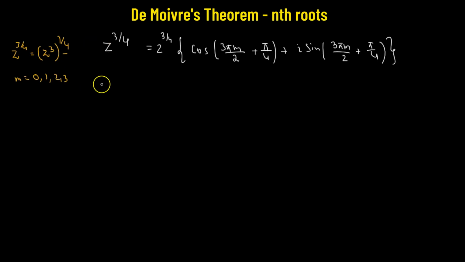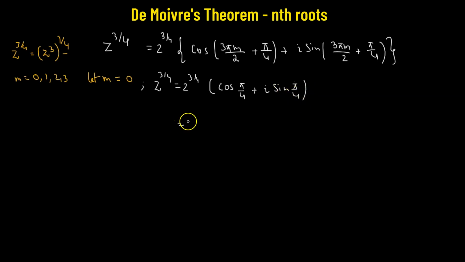So let's begin with our first value. Let's consider m equal to 0. This is going to give us one distinct root of our complex number. So we will have z raised to the power of 3/4 equal to 2 raised to the power of 3/4 whole multiplied to cosine of pi over 4 plus iota times sine of pi over 4.